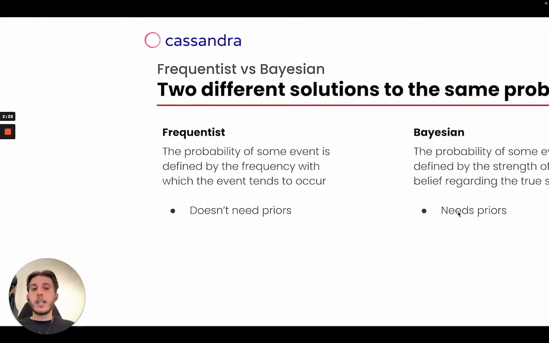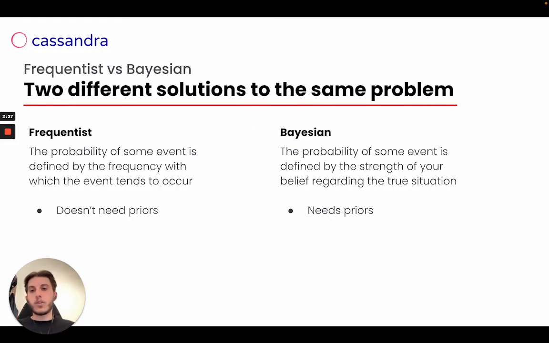And the first thing is exactly Frequentist versus Bayesian approach, which is simply two different solutions to the same problem. The Frequentist approach, which is the one used by Robyn and used by the majority, I would say, of marketing mix modeling, because it's based on more simple calculations, and so it's somewhat easier to implement and to analyze.